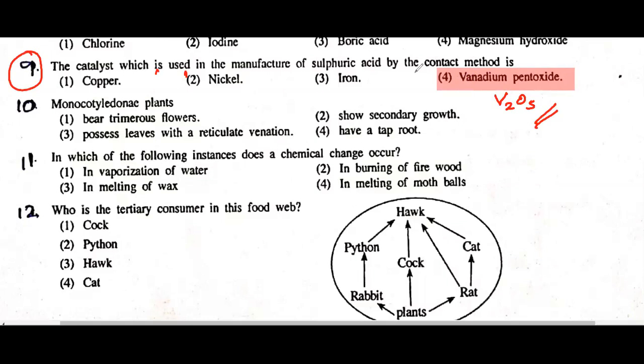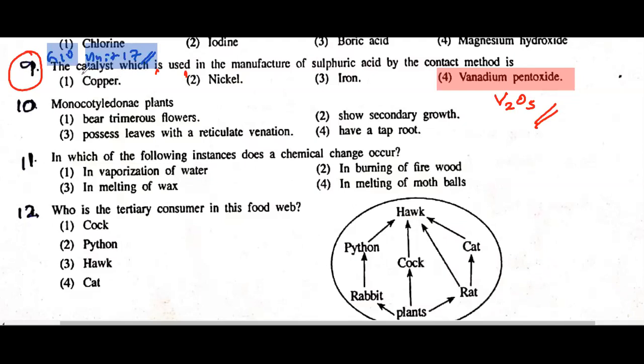This is from grade 10, unit 17, factors affecting the rate of reaction. This comes under catalyst.